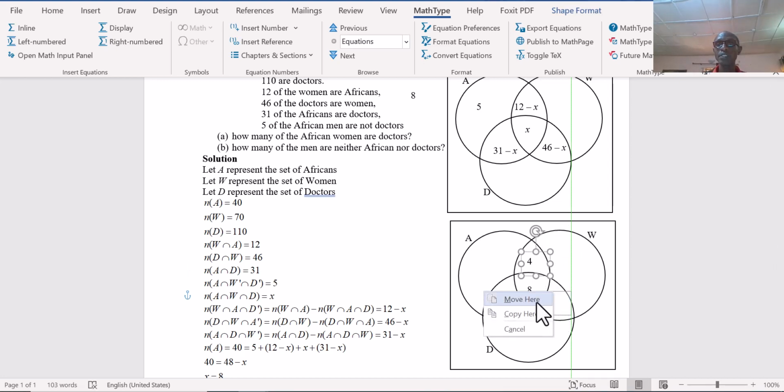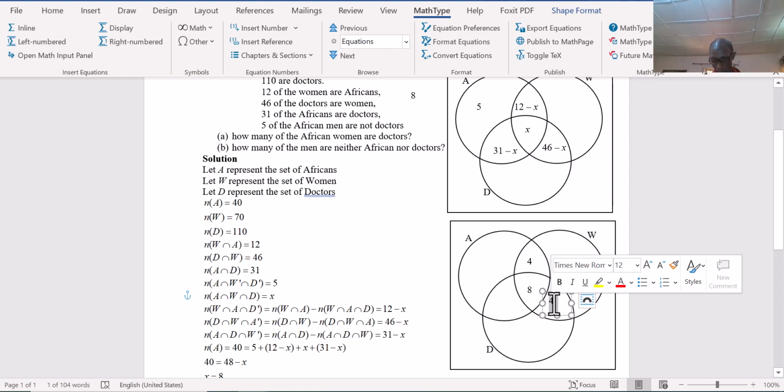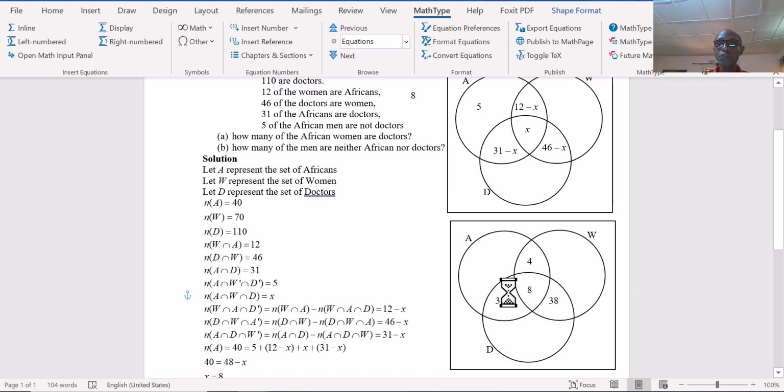This place, 8. 46 minus 8 will give us 38. Then this place, 31 minus 8 will give us 23. This place we already know it to be 5. So we have all this information that we already know.